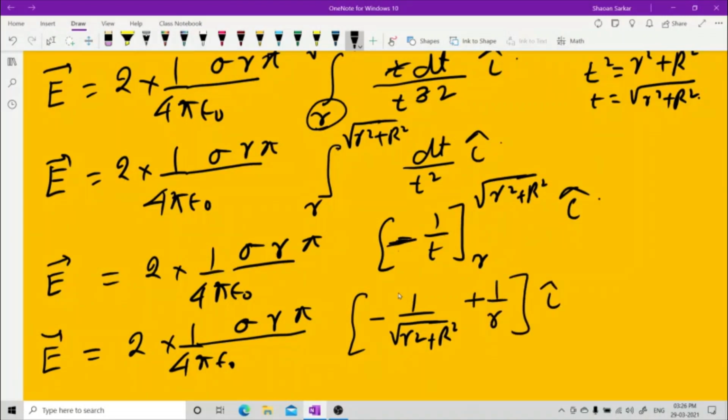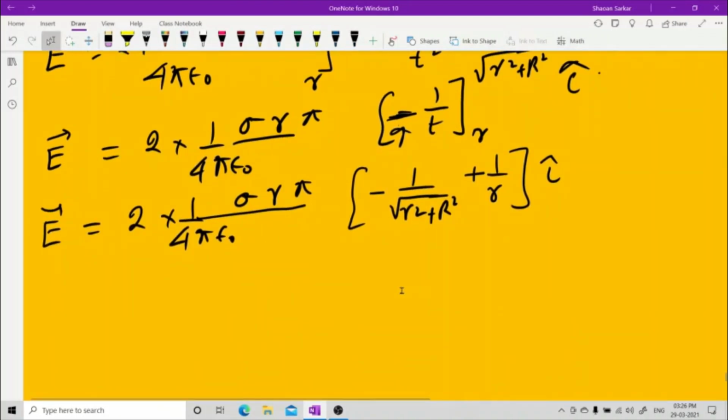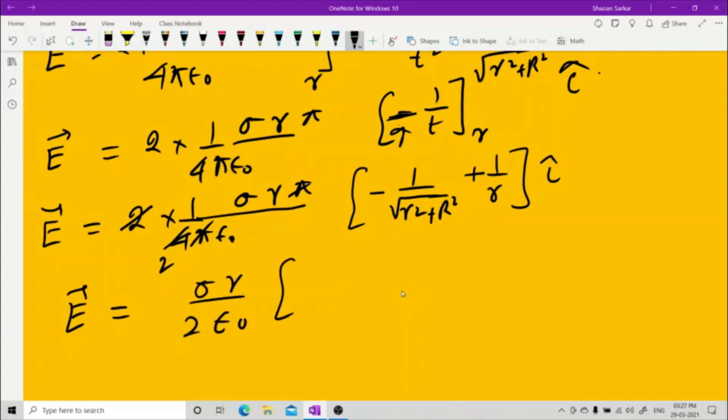Now cancel this 2 with this 2, pi with this pi. What you are left with, E equal to sigma r by 2 epsilon naught, you can write 1 by r minus 1 by under root r square plus R square i cap.